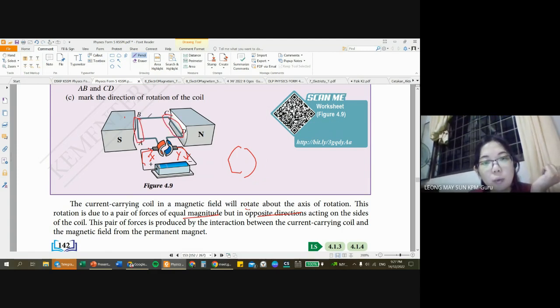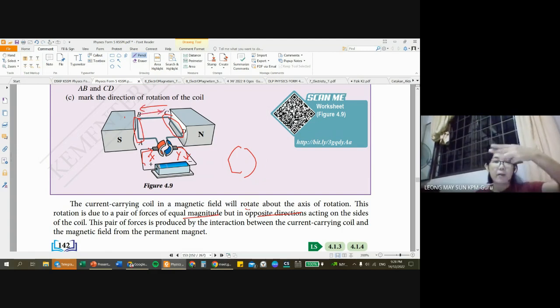We will not discuss side BC because the magnetic field is moving from north to south, and the current is moving from B to C. They are parallel to each other. When the magnetic field and the current are parallel to each other, there will be no force.